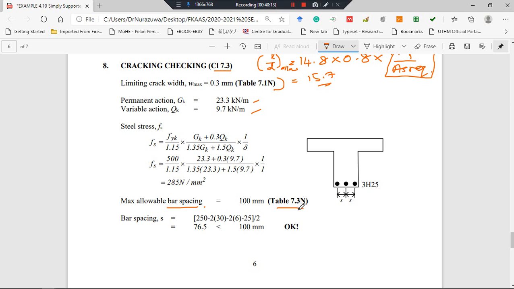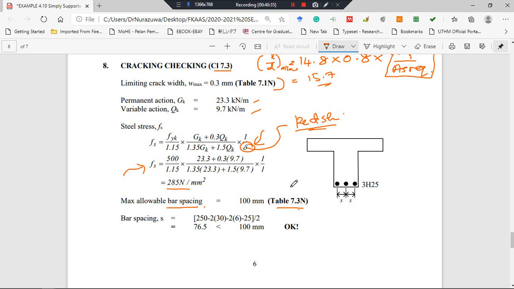In 7.3N, you first need to determine the steel stress. Based on this equation, the steel stress is equal to 285 Newton per millimeter square, and this lambda here is based on the moment redistribution.